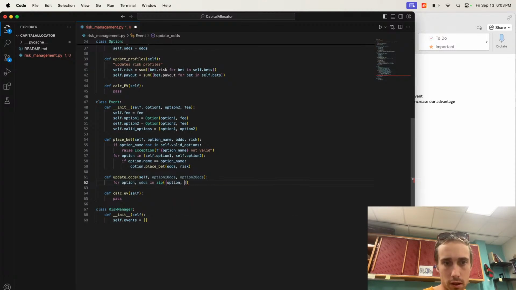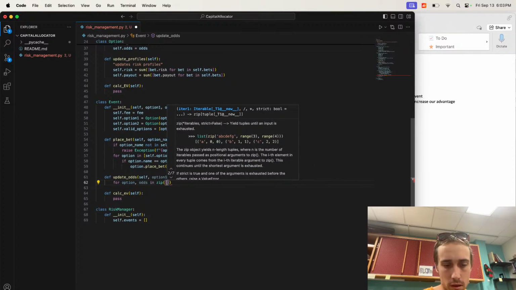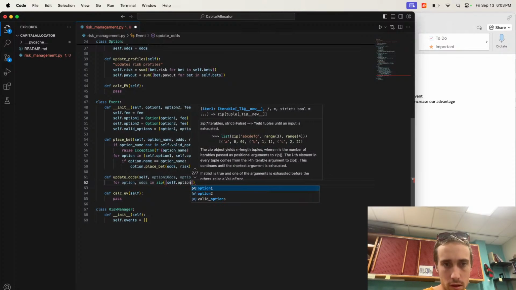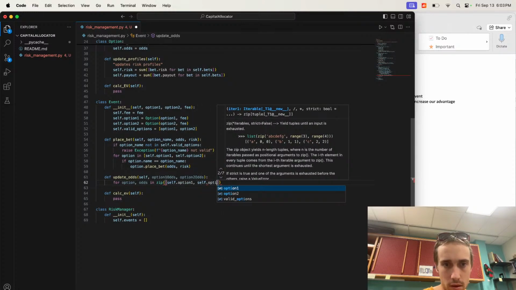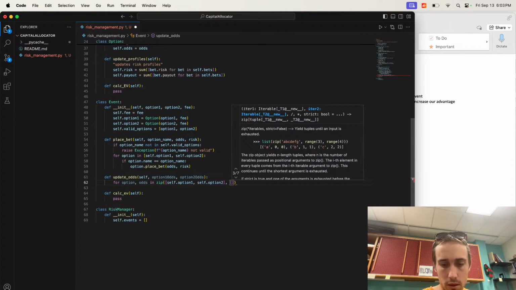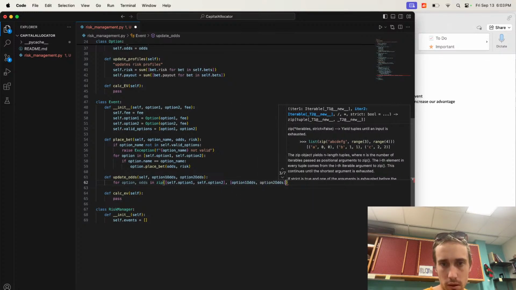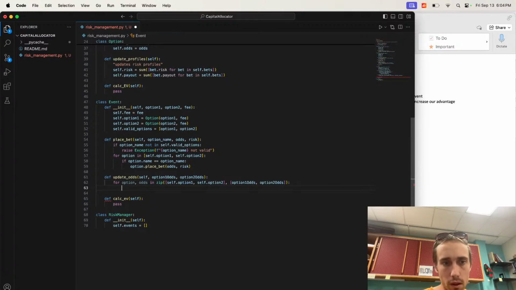Okay, so zip together a list of option 1, and then the odds, option 1 odds, option 2 odds, option dot update odds. Okay, so if there's new odds, we can update them.